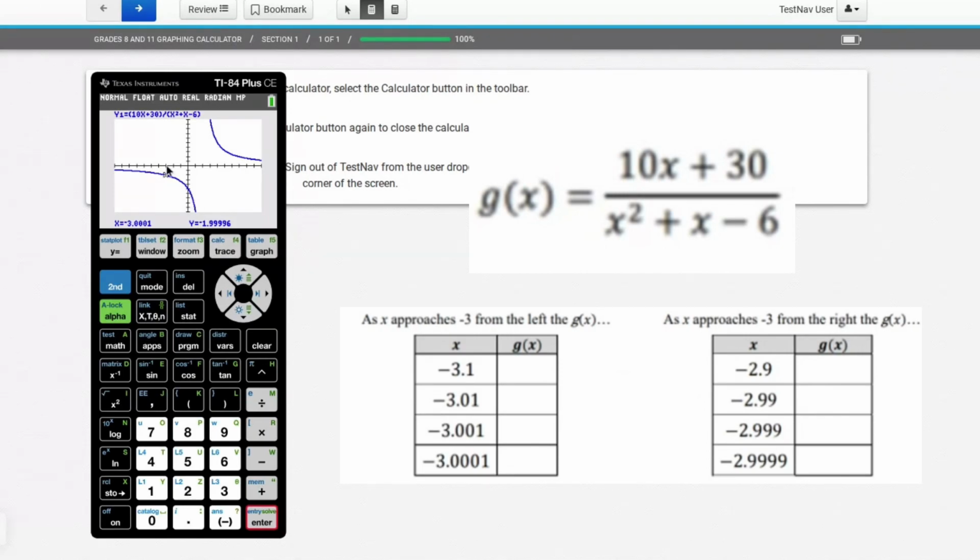On the other side, we're going to type out -2.9 and then -2.99, see what happens. So second calc value, -2.9, is going to give us a y value of -2.041. Then we'll do second calc value, -2.99. That's going to get us a y value of -2.004.